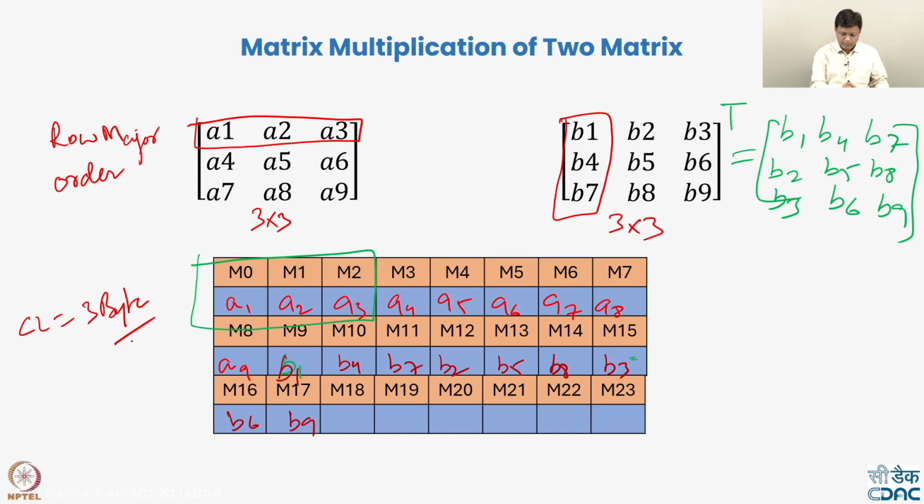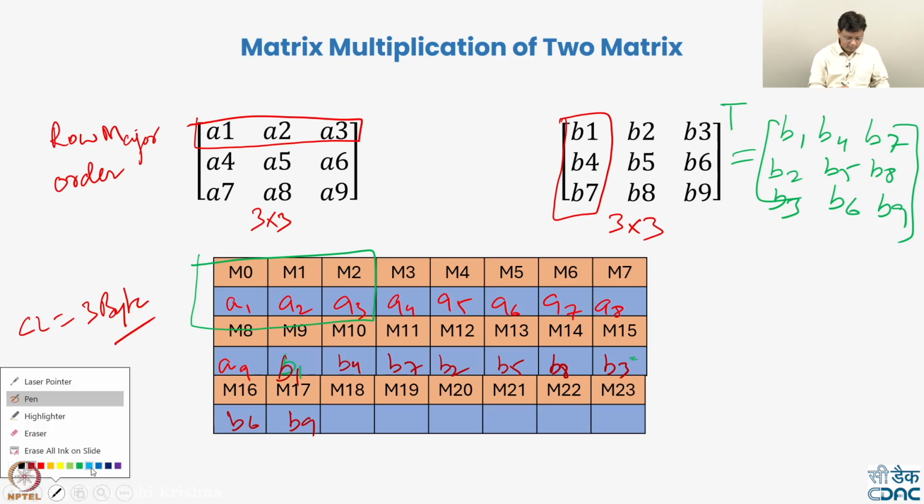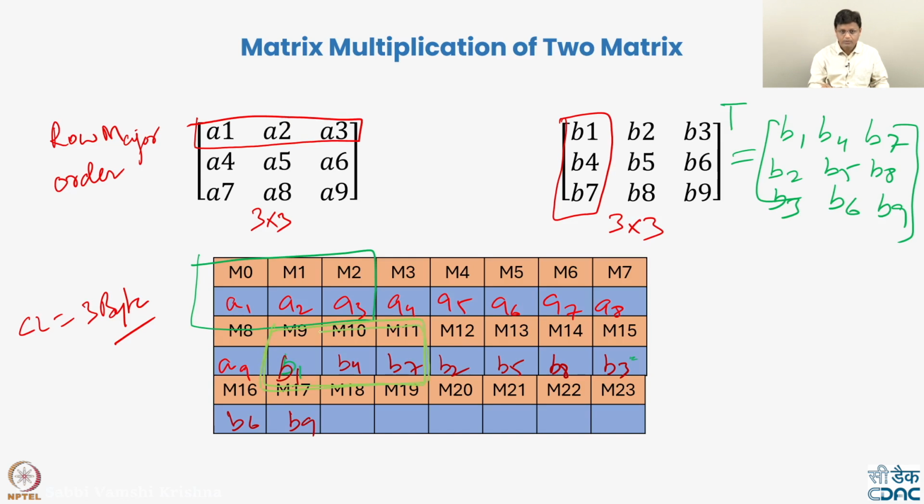Now, when the first cache line comes, it is carrying the first 3 elements, and in the second cache line it will carry the next 3 elements, and all the required 3 elements, B1, B4 and B7, which are required to perform the matrix multiplication, are carried by the cache line in one go.